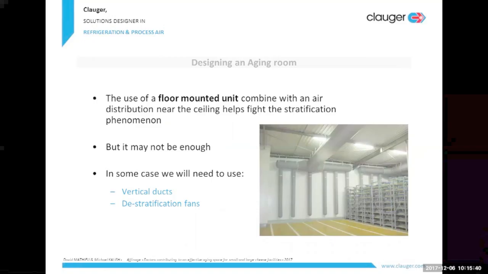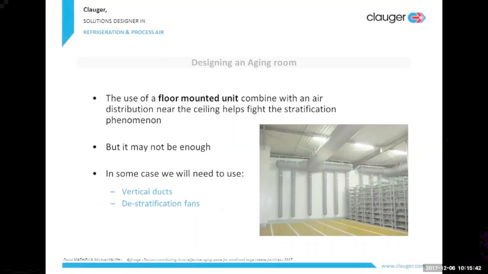Here are some pictures showing vertical duct, again to increase the mixing rate and to reduce the risk of air stratification. Sometimes it's not even enough, so we even use additional fans, stratification fans, that take the air from the top of the room and bring it down.